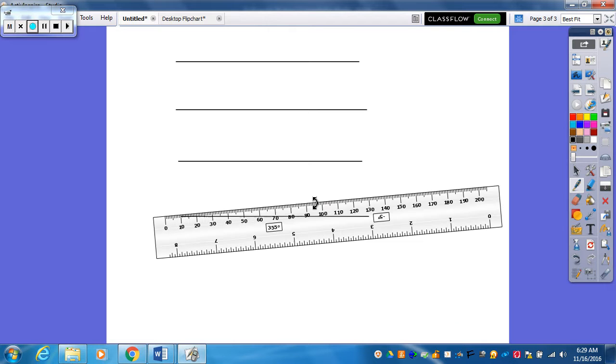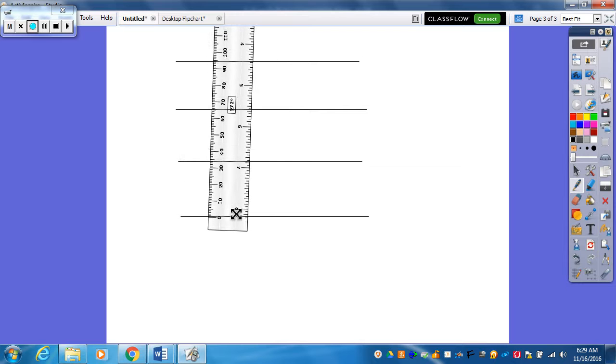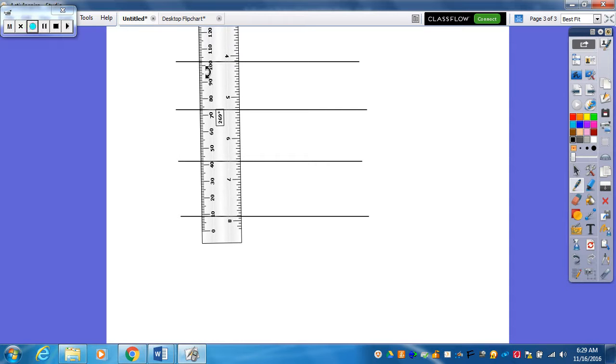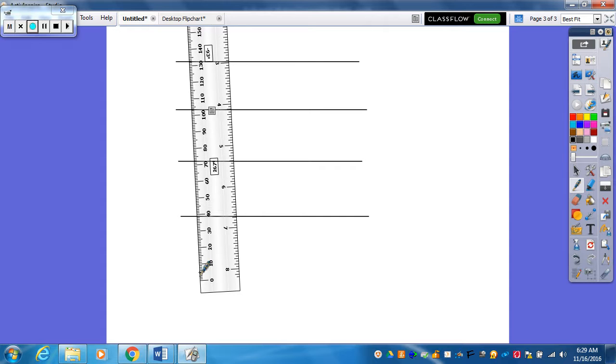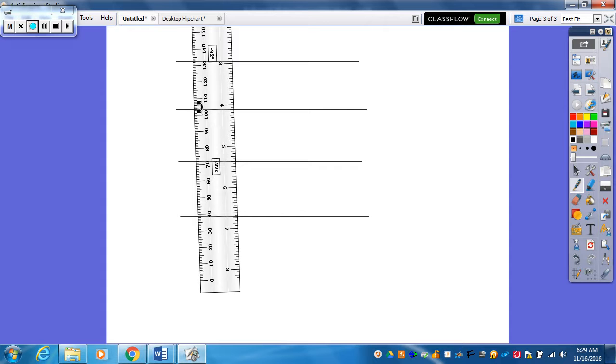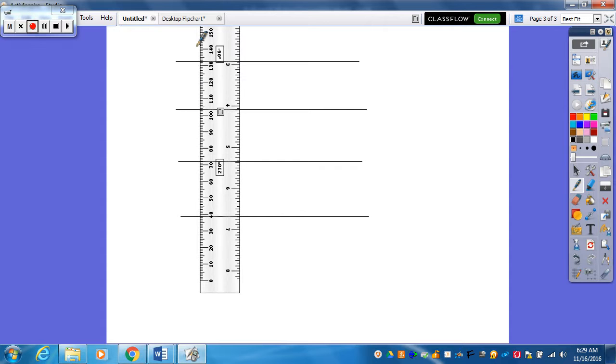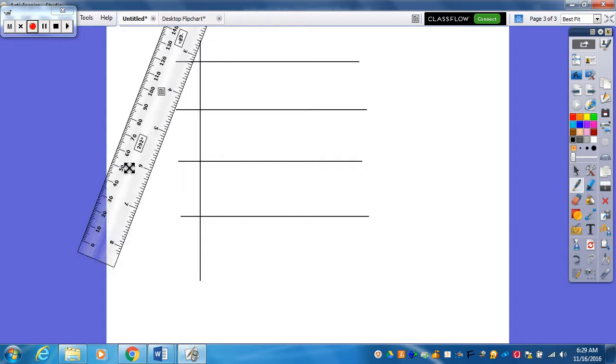Okay? And let's do this. I'm going to draw two more lines. I'll draw a line that's completely vertical there. Straight up and down. Okay. Try this again. There we go. Okay. All right.